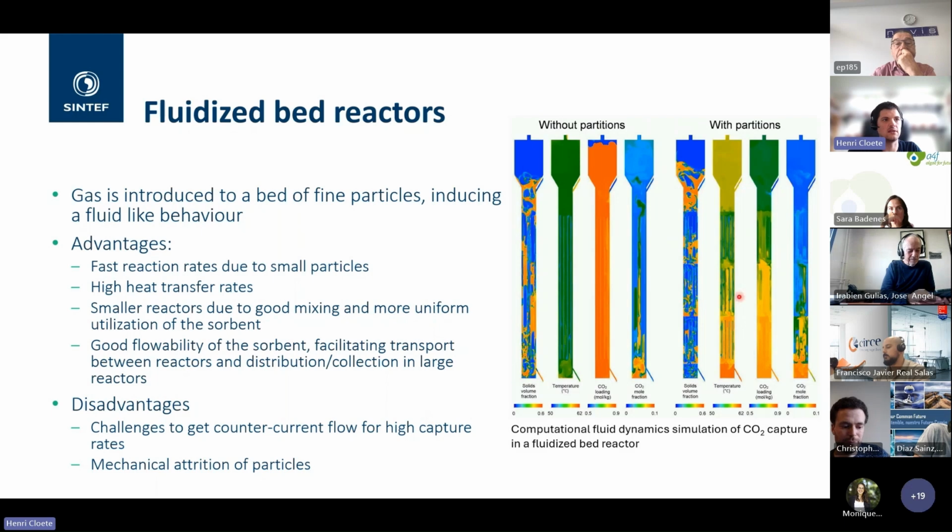So you need, as in this example, some segregation between the sections of your reactor so that you can get some more axial segregation in the CO2 loading on your sorbent. I unfortunately don't think I'll go into the details of showing this nice animation here. And then another challenge is mechanical attrition of your particles, because you have this very chaotic system of the particles moving around.